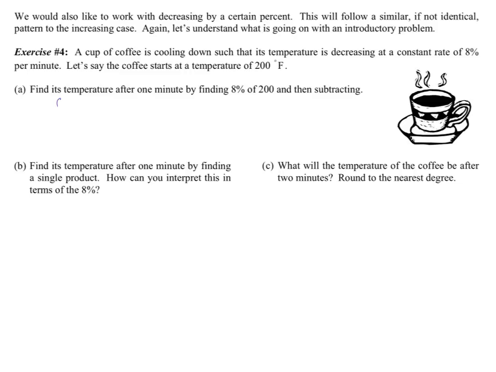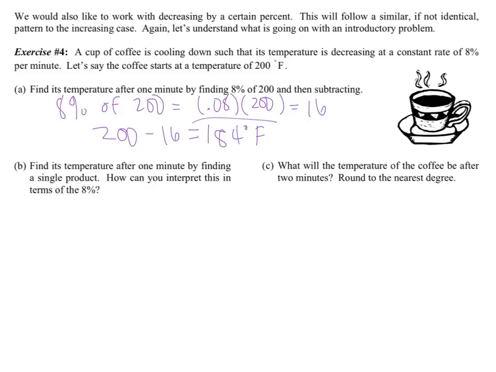So we need to first find 8% of 200, which is 0.08 times 200, which is 16. So we take 200, because that's where we started, subtract 16, and it becomes 184 degrees Fahrenheit. So that's after 1 minute.